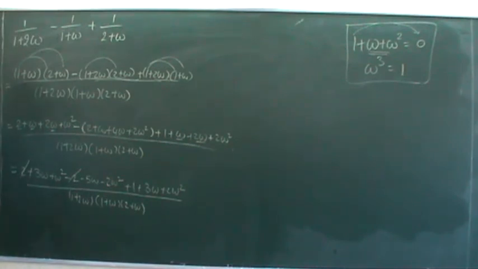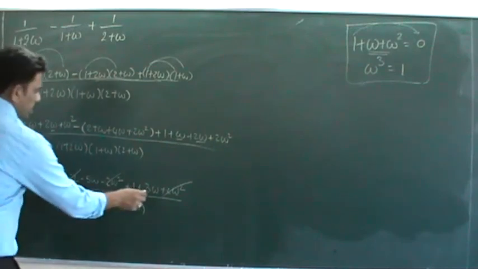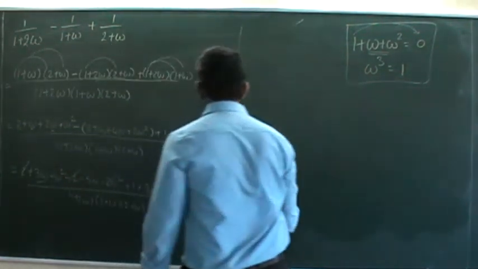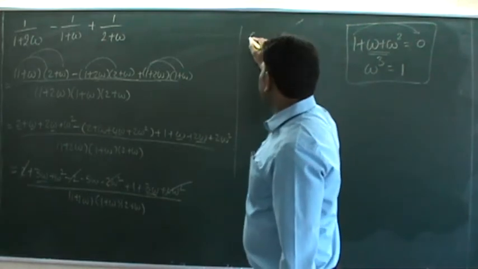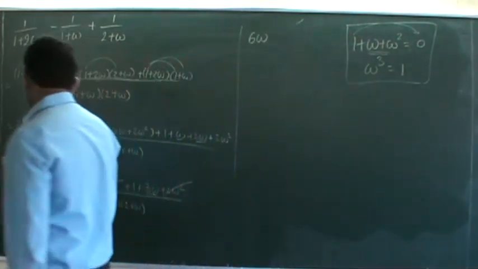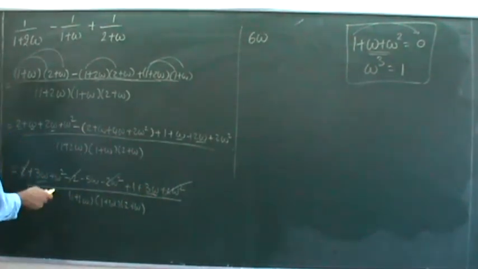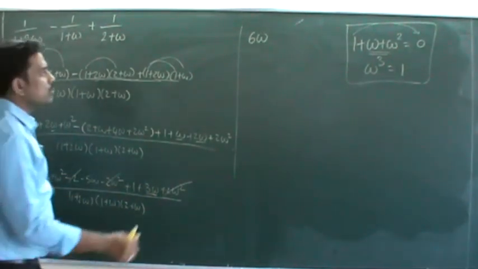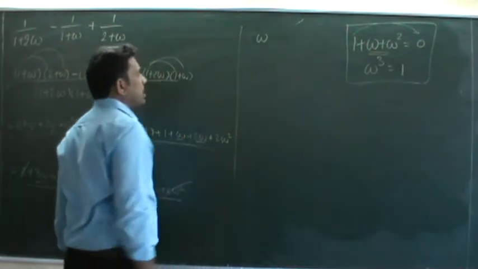Next, we can simplify. Minus 2 omega square plus omega square is cancelled. Still, I think no chance, we can add this one. What are the remaining terms here? Here 3 omega is there, here also plus 3 omega is there. 3 omega plus 3 omega is 6 omega, 6 omega minus 5 omega, which means only omega is there.